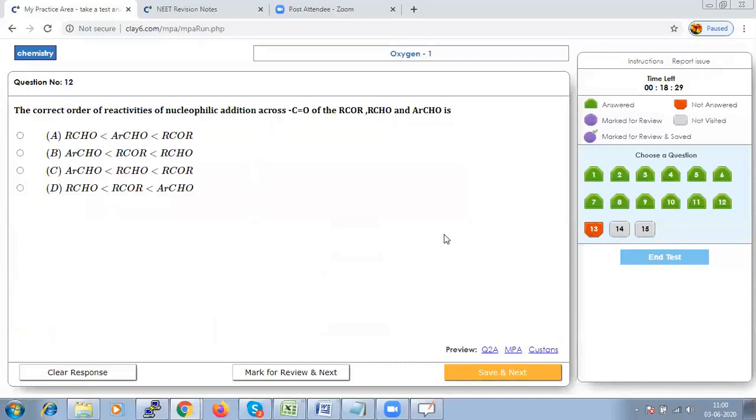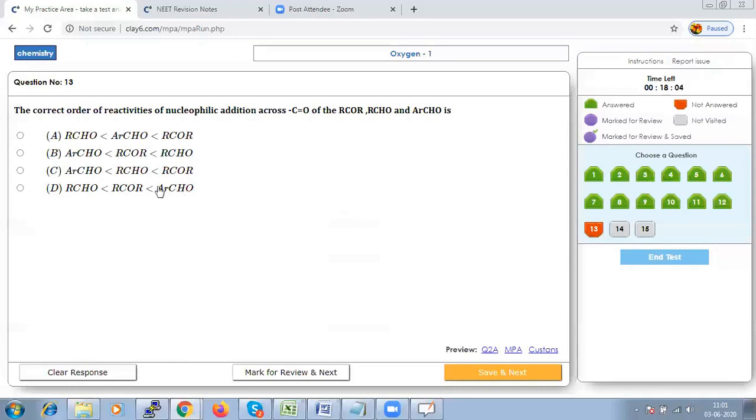The correct order of nucleophilic addition across the C double bond O of RCOR, RCHO and ArCHO. Always remember, aliphatic aldehyde will react faster than ketone and aromatic aldehyde because of steric hindrance and electronic reasons.